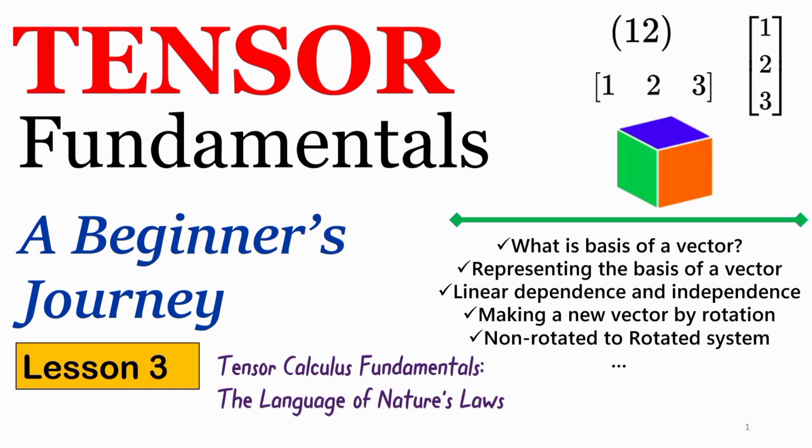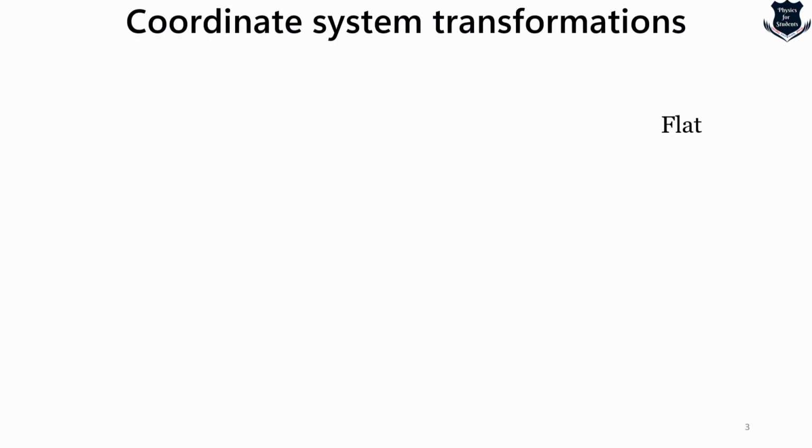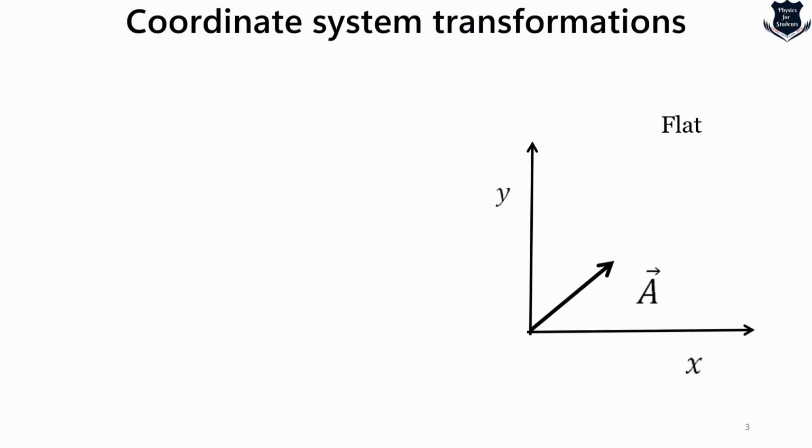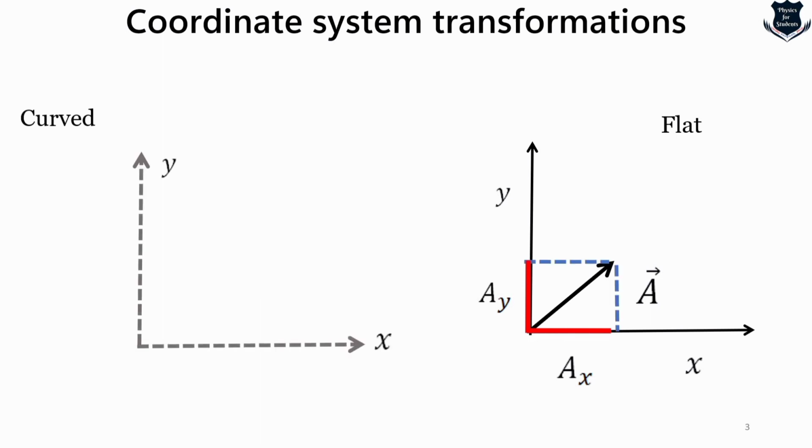Before I go ahead and explain the details of today's video, here is a quick recap, if you have missed it, of what I covered in the last video. The basic idea is that if we are measuring a vector in a flat space, these components Ax and Ay are the components of the vector. Whereas if you put this same flat vector on a curved surface, this goes like this.